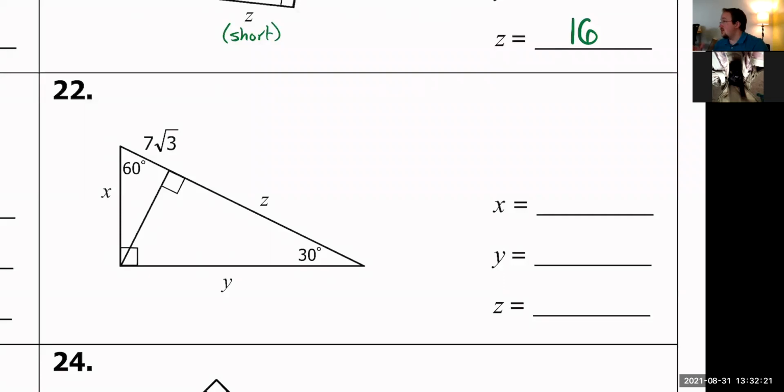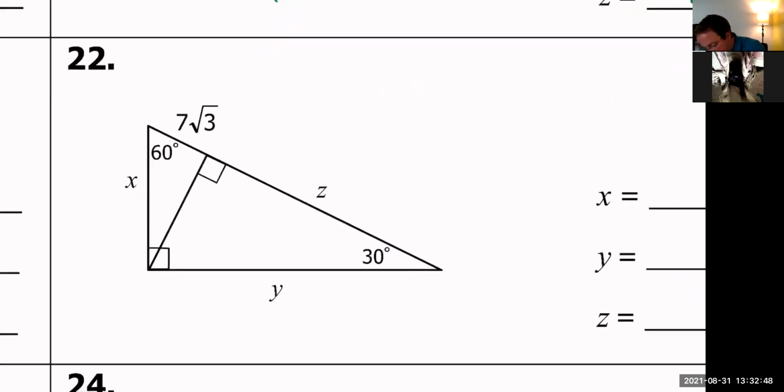The good news is we only have to focus on one type of special right triangle, but depending on which one we're looking at, that's going to change whether it's a long leg, a short leg, or a hypotenuse. So I'm going to try to vary my colors accordingly. I'm going to recommend we start with the smallest, and I'm going to do this one in blue.